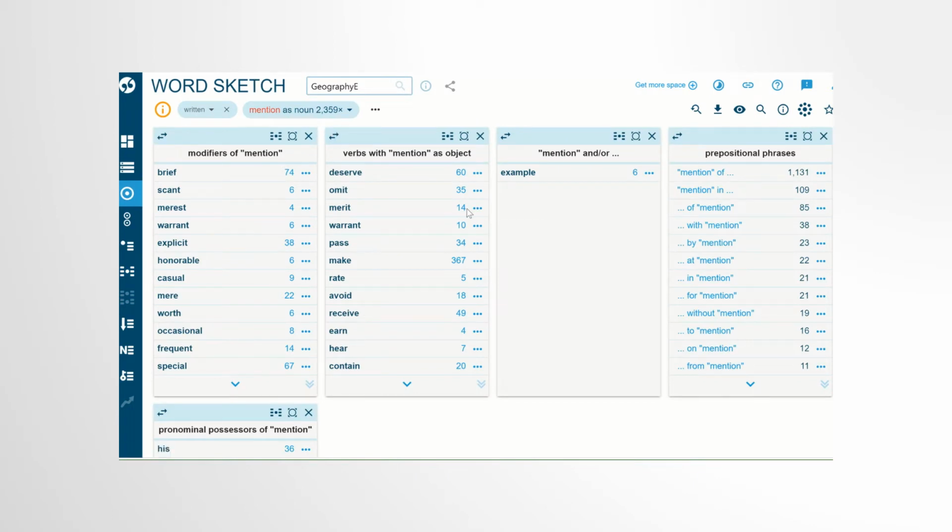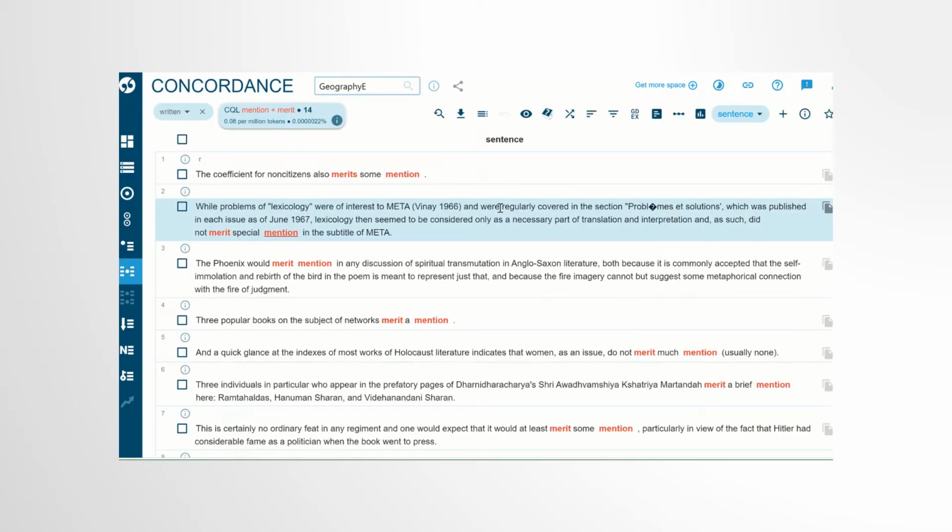Merit is a synonym, of course, of deserve, and we can already see that there's a lot of varieties, something I've said before, at the textual surface, but the underlying meaning is always the same. So, 3 popular books on the subject of networks merit a mention. Here we have mention used with a definite article.